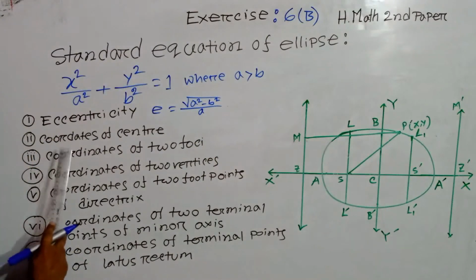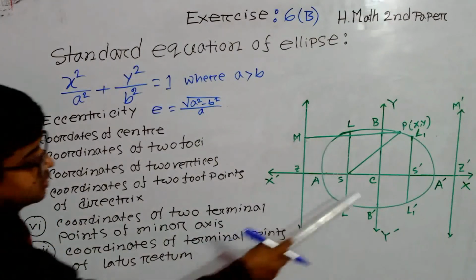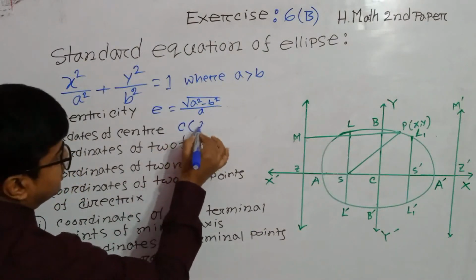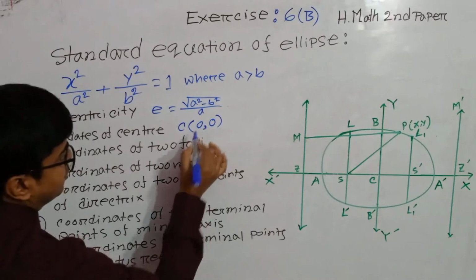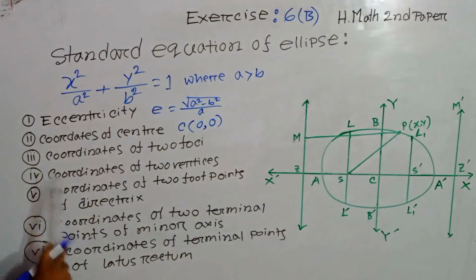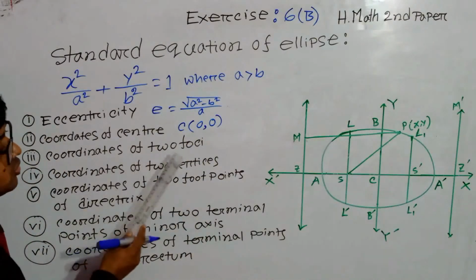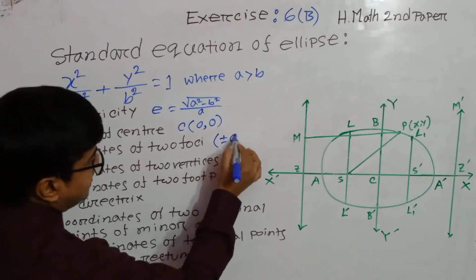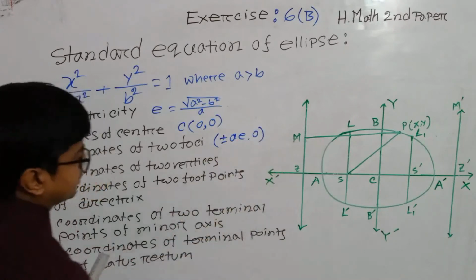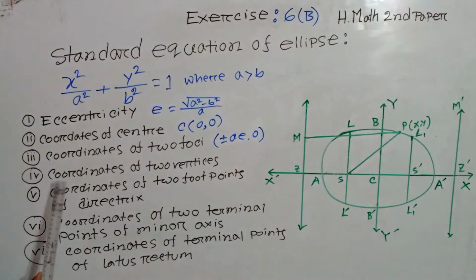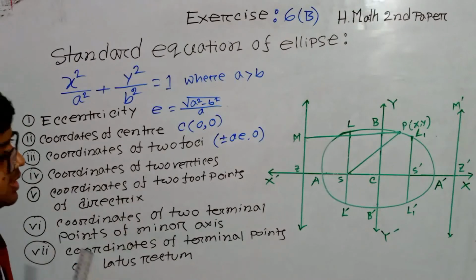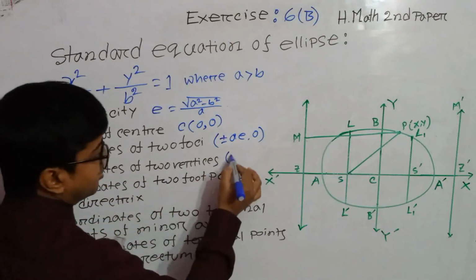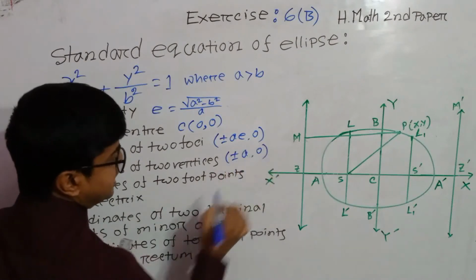Formula number 2, coordinates of center. The coordinates of the center of the ellipse will be C(0, 0). Formula number 3, coordinates of the two foci: plus minus ae, 0. Then coordinates of the two vertices: plus minus a, 0.